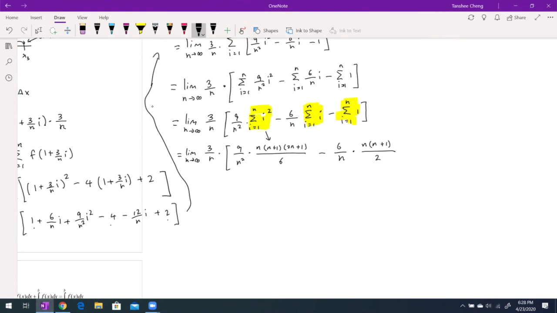And finally, the last part, minus the summation of i equals 1 to n of a constant, that is basically n times that constant. Now we have everything in terms of n, which is the limit that we can find.